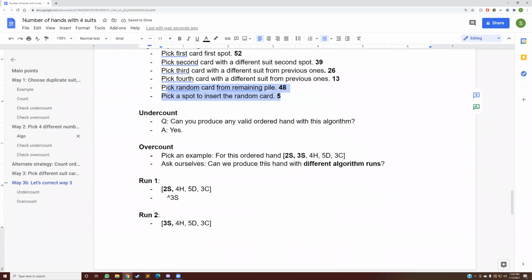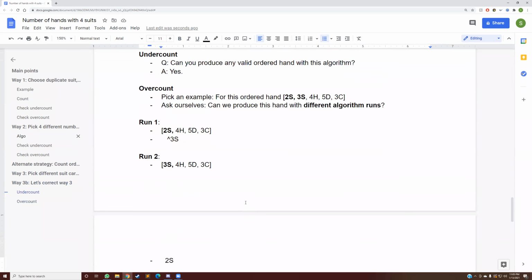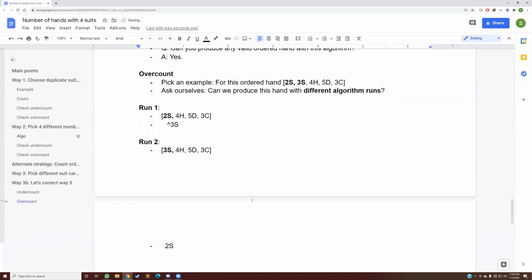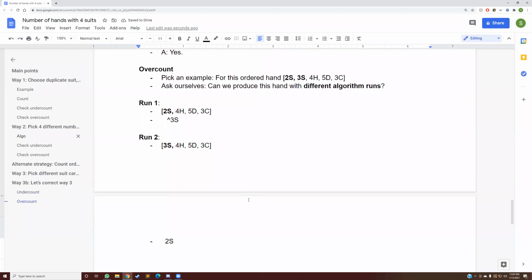I won't prove this again, but if you go with this intuition, you will find that for any valid hand, you are overcounting by a factor of 2. Another way of saying it is, for each valid hand, there are exactly 2 different algorithm runs that produce the same hand.